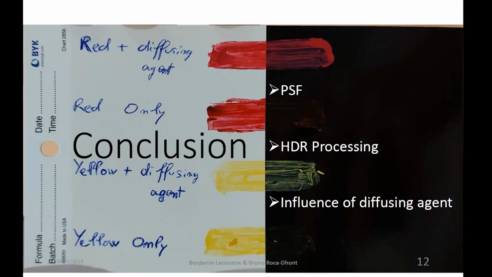The aim is to take 3 pictures with 3 different exposure times and combine them to improve the dynamic of the image. With these experiments, we can see that the diffusing agent has a slight influence on the PSF on the lips, as we guessed using these pictures, where we can see that the diffusing agent makes the lipsticks more reflective, therefore more visible.